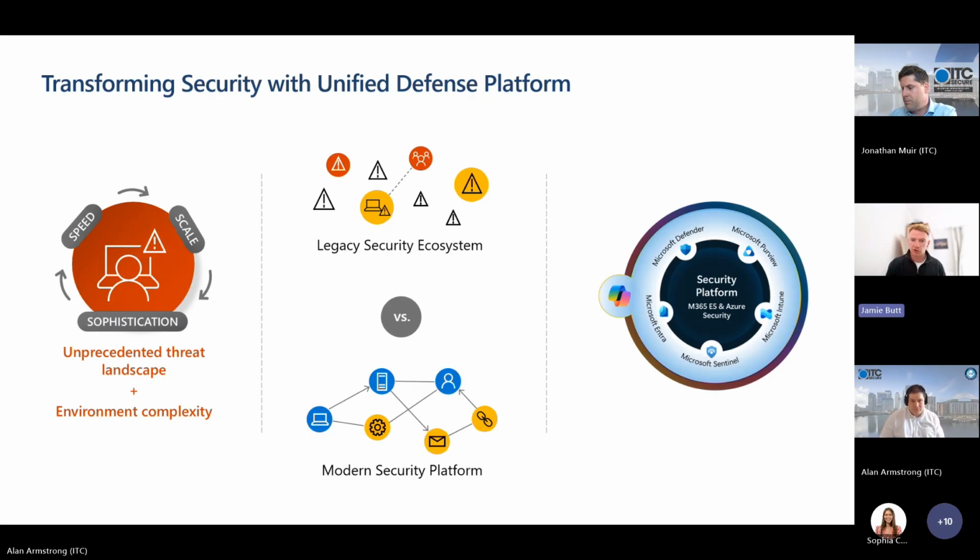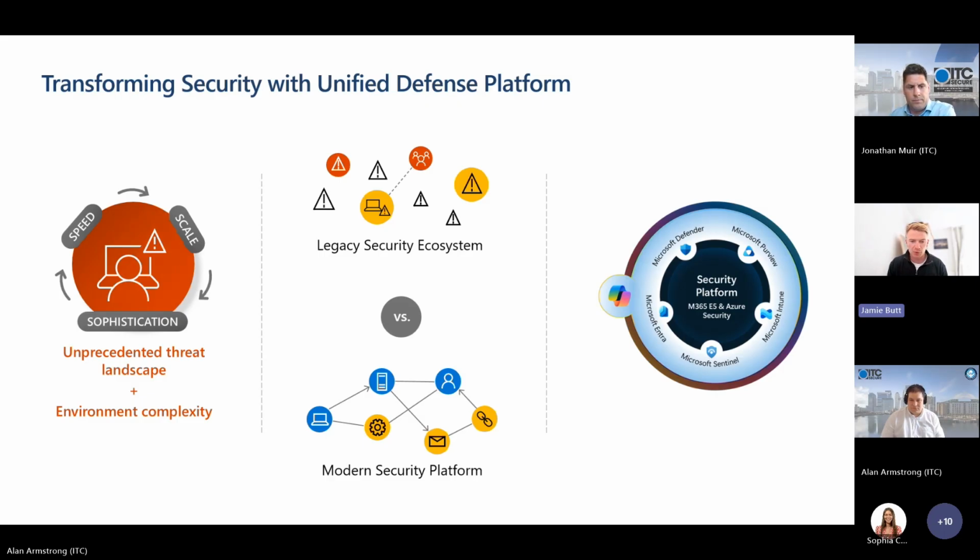And what we've tried to do is simplify that entire model by packaging up our security solutions into either E3 or E5 or our E7 enterprise SKUs. I've given the example here, but for the EDR and the email security piece that we're discussing today, we have a package called Enterprise M365 E5.